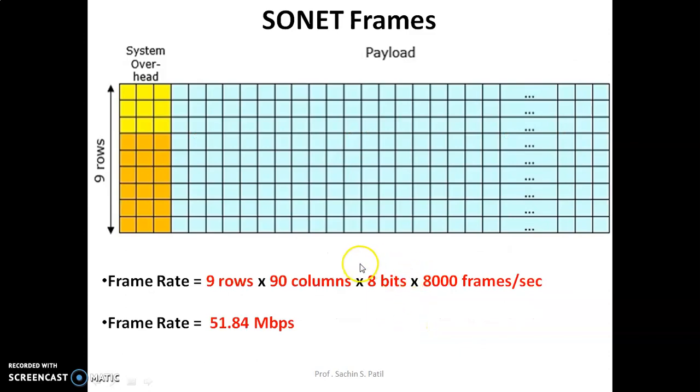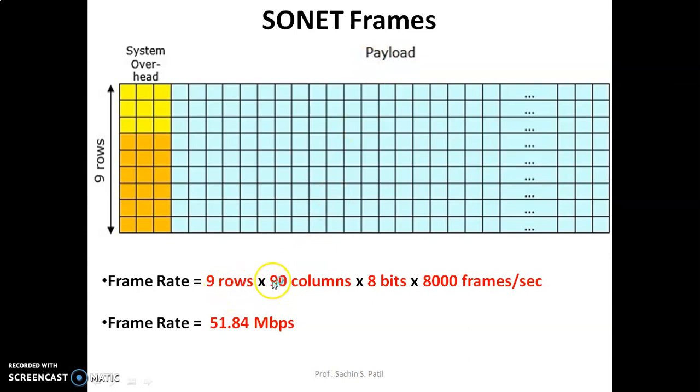So what are SONET frames? SONET frames consist of 9 rows and 90 columns. The first 3 columns indicate system overhead and the remaining 87 columns indicate payload.